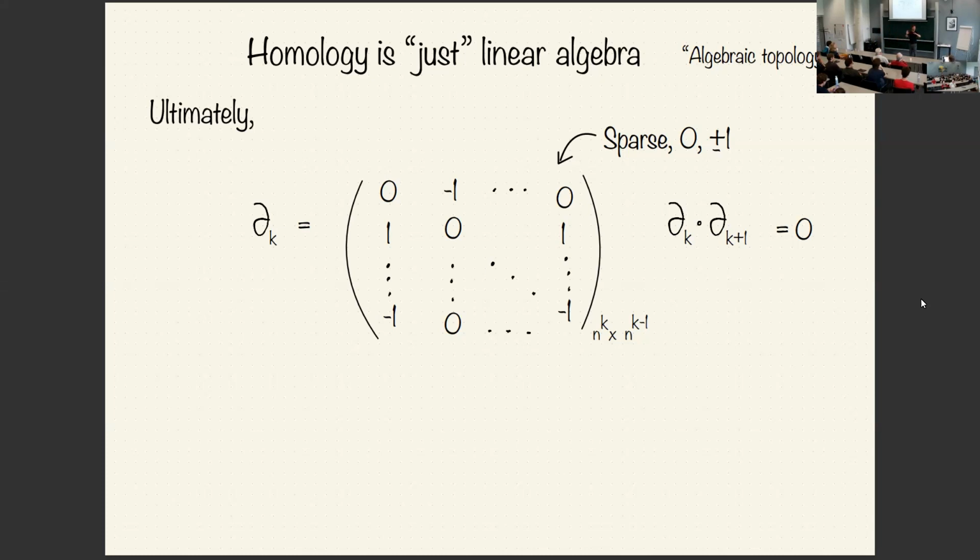If you have a complex made out of m simplices, what you have to do is some operations with m by n matrices. So nothing is hard if m is small. The point is that in many applications and in many natural settings, m can be exponentially large, and then we have to deal with it.